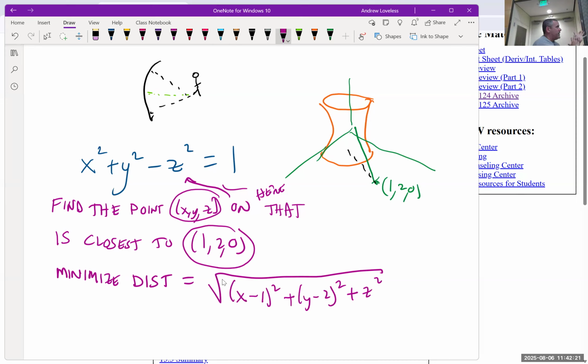You have these points X, Y, and Z that you're only allowed to stand in certain places, and you have this other fixed point. Even more interesting would be, what's the minimum distance between two surfaces? But that starts to get more complicated. So I'm trying to minimize this distance.